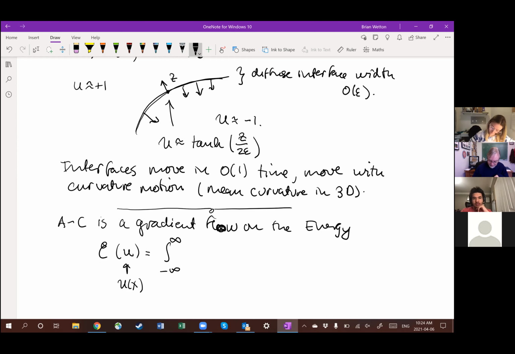It's got something associated with the interface, and then it's got some chemical energy.